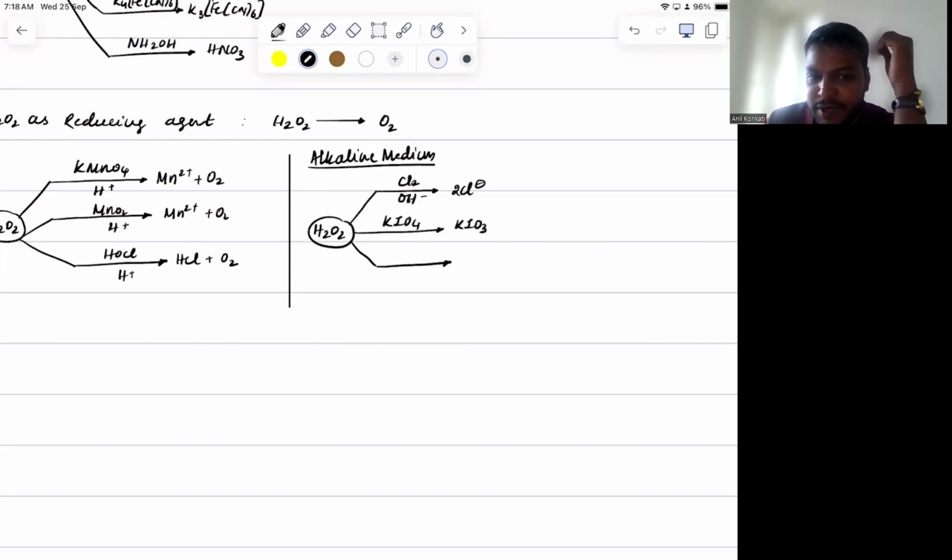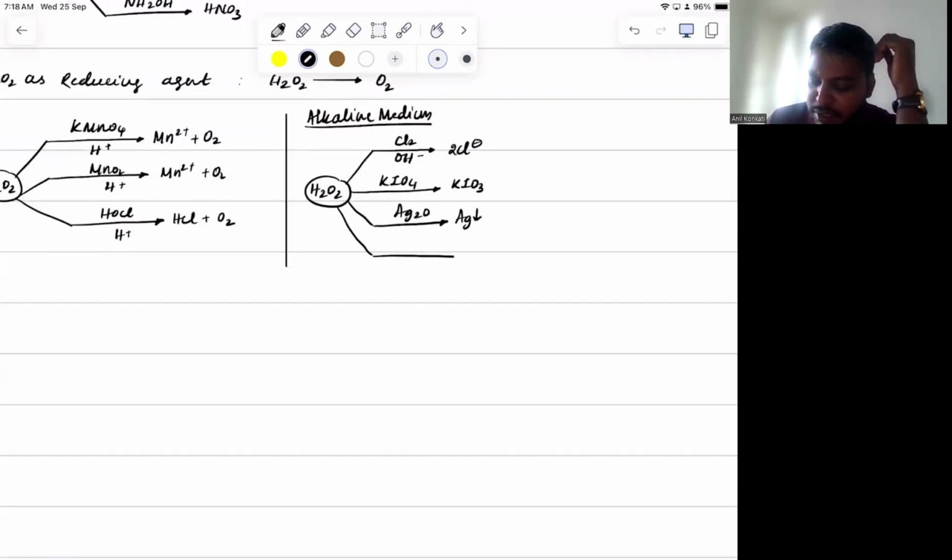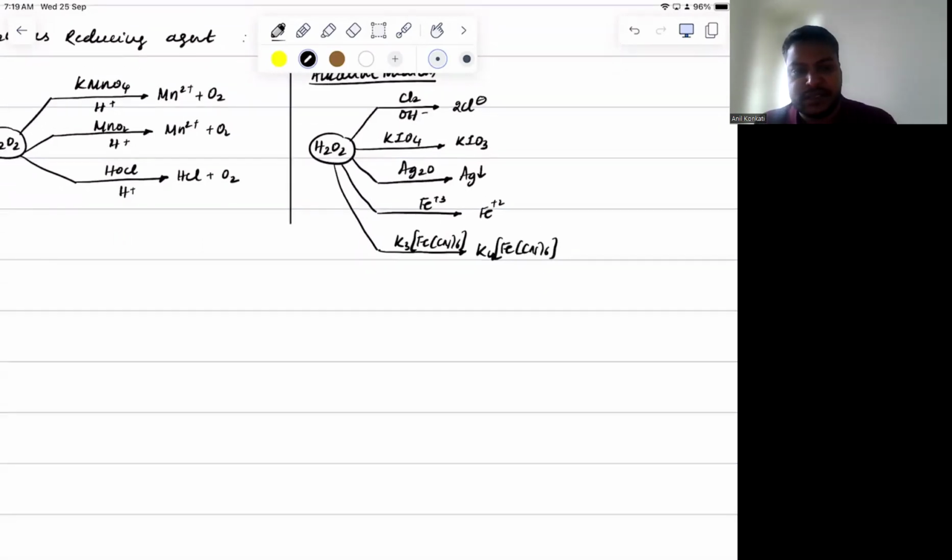And if you have Ag2O, it will get reduced to Ag here. And if you have Fe plus 3, it will convert into Fe plus 2. And same way, if you have complex K3[Fe(CN)6], it will become K4[Fe(CN)6] because now iron is getting reduced in this case. Clear?